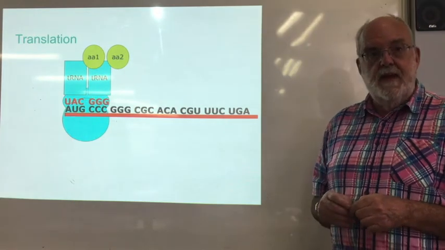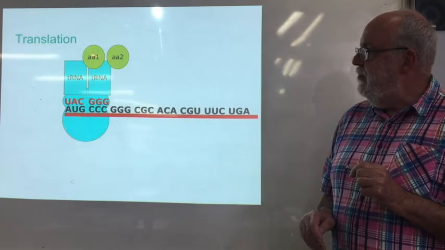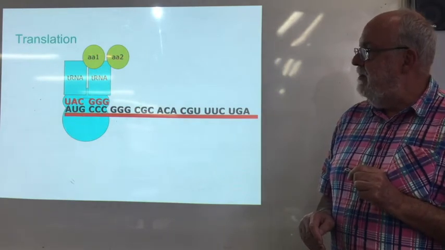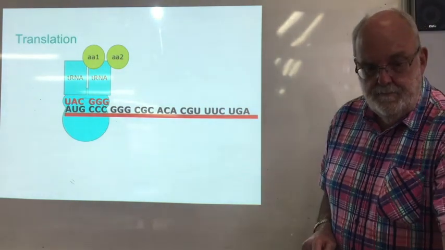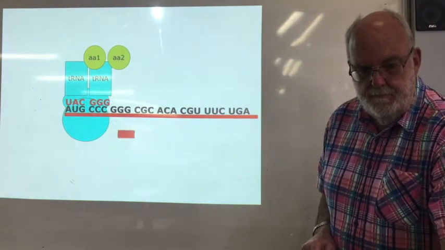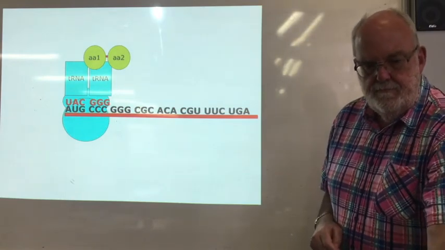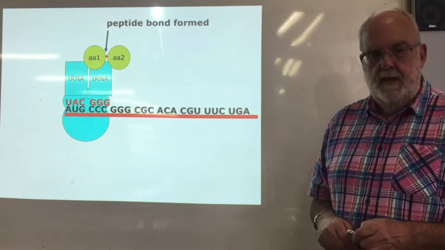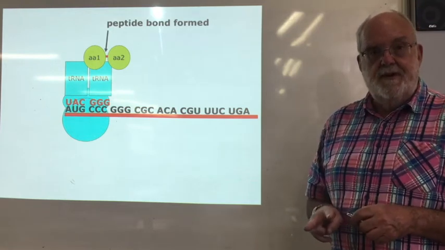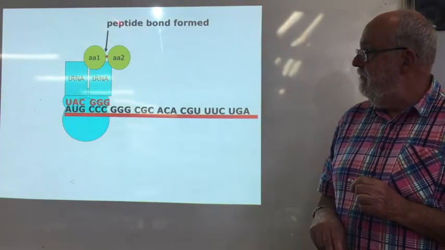So we've now got 2 amino acids close together. What are we going to do to join those together? What sort of bond are we going to make to join the 2 amino acids together? There it is. A peptide bond, which I hope you remembered. So we've now made a dipeptide, the first 2 molecules of a protein.